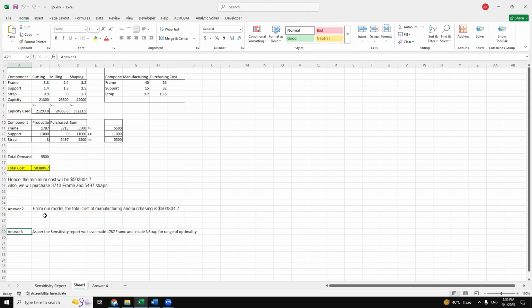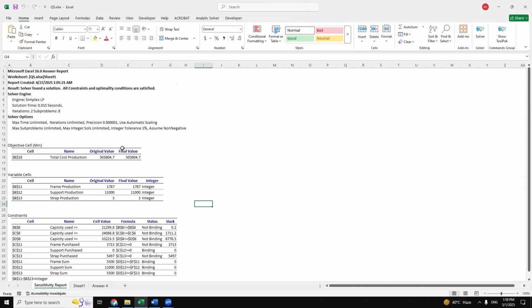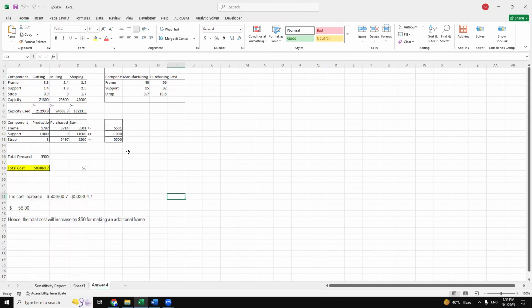Then for answer 3, as per the sensitivity report, we have made 1787 frames and made 3 straps of the range of optimality. So this is our sensitivity report, which I derived using Excel Solver. Then this one is our answer for part 4.